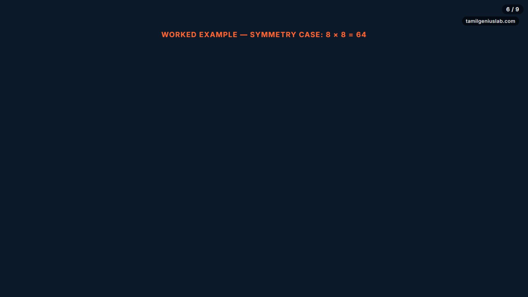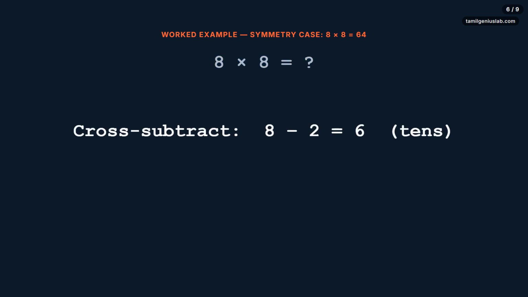8 times 8. Same number, same deficit. 8's deficit is 2. Both numbers have deficit 2. Step 1. Cross-subtract. 8 minus 2 is 6. 10's digit, 6.